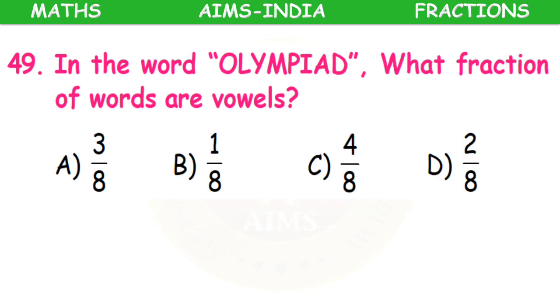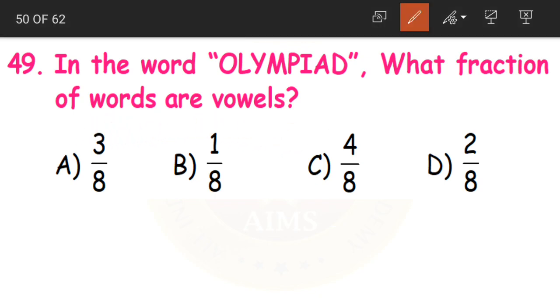Next question 49. In the word Olympiad, what fraction of words are vowels? Now what do we want from Olympiad? We want the letters, those are the vowels. Now what are the vowels, children? If you remember from English language, A, E, I, O, U. These are the 5 vowels we have.